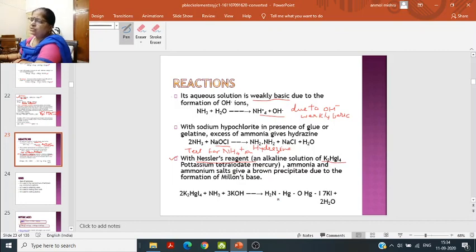It forms a brown precipitate, and it is called Millon's base. So a very important test for ammonium ion, zero group element.